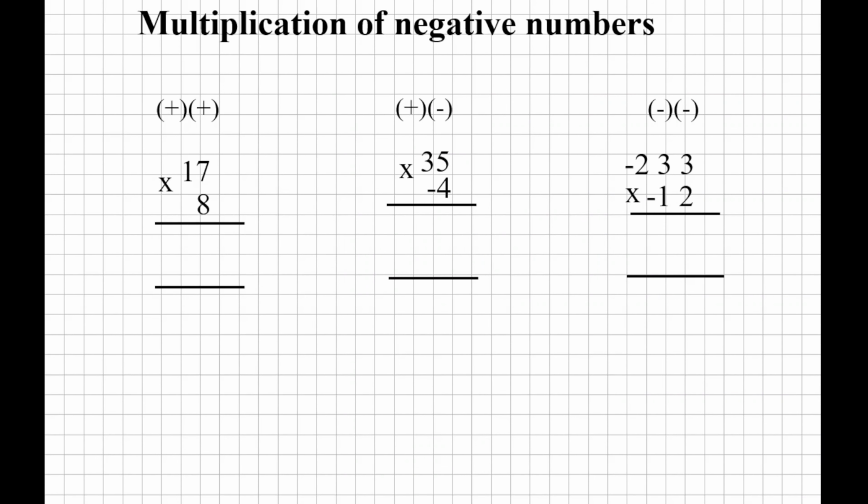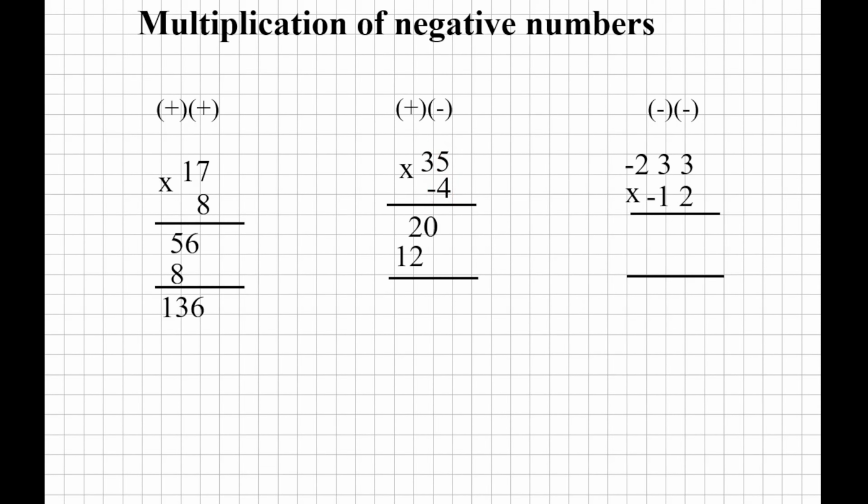Now let's look at some multiplication examples. When multiplying two positive numbers, the result is positive. 8 times 7 is 56, and 8 times 1 is 8. Now we add the numbers vertically to get a final result of 136. When multiplying a positive number and a negative number, the result is negative. 4 times 5 is 20, and 4 times 3 is 12.